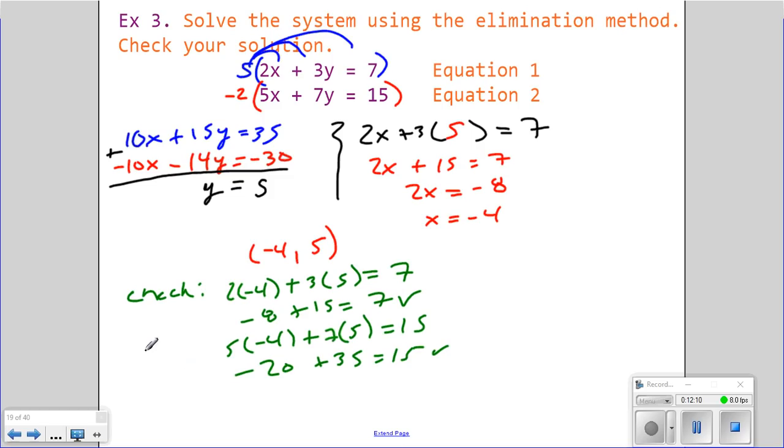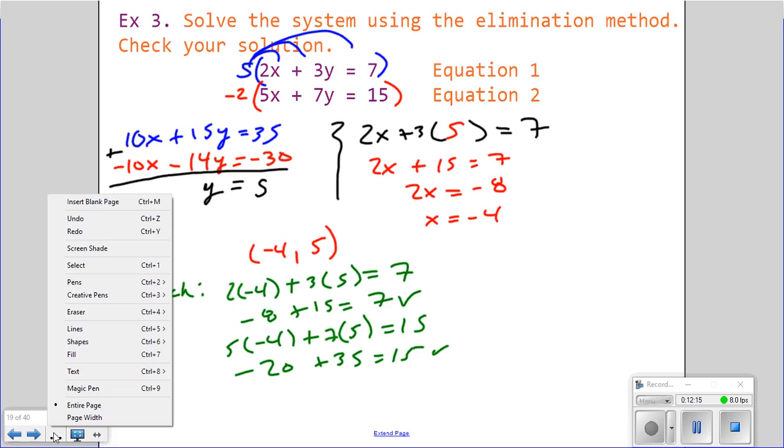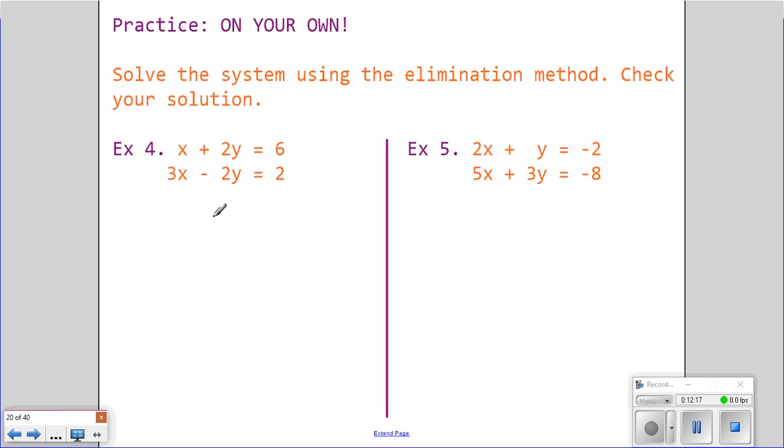And it works in equation 2. Now practice these two systems on your own, and don't forget to check your solutions.